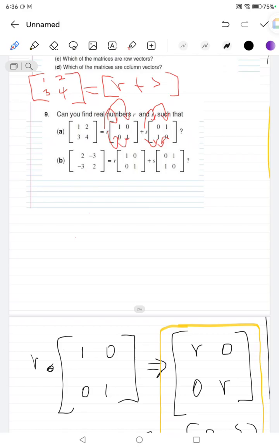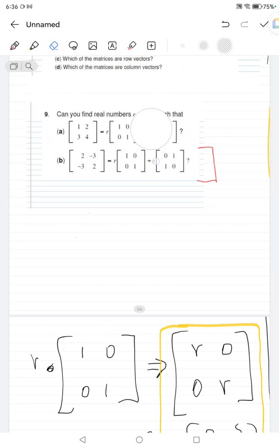But now we're just going to be doing one for B. We do one for B, then in the next 3 or 4 minutes, I'm just going to be sharing the final answer for this one.